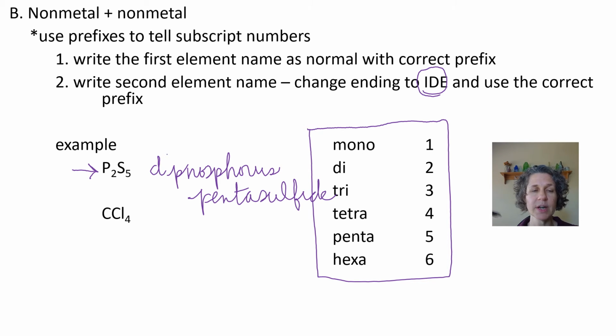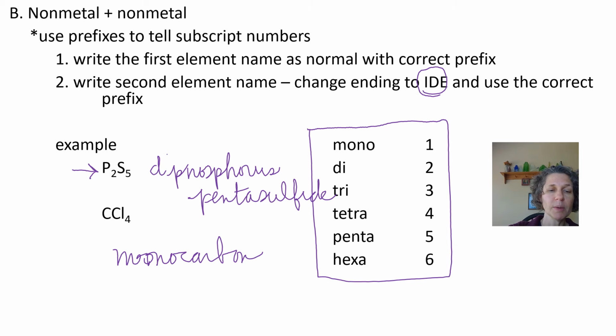Then the next one, CCl4, two nonmetals. They're both on the right side of the zigzag. One carbon, and so I would have monocarbon. And then Cl4. 4 is tetra, and then Cl is chlorine, becomes chloride.